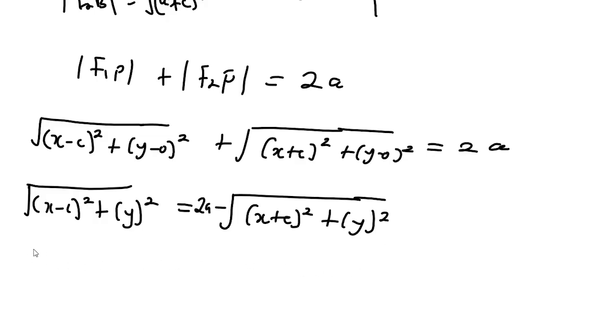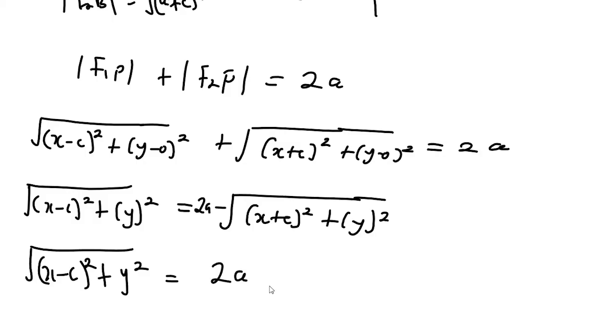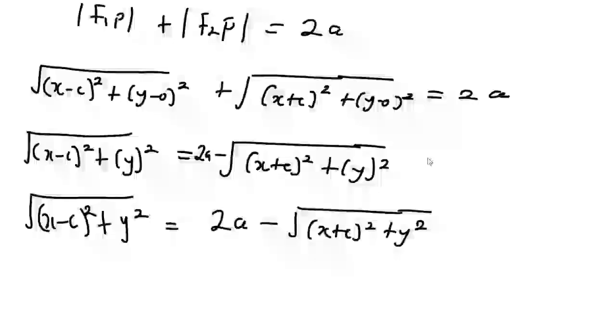So let me rewrite this. I have square root of x minus c all squared plus y squared being equal to 2a minus root of x plus c all squared plus y squared. So we are trying to derive the equation of an ellipse.